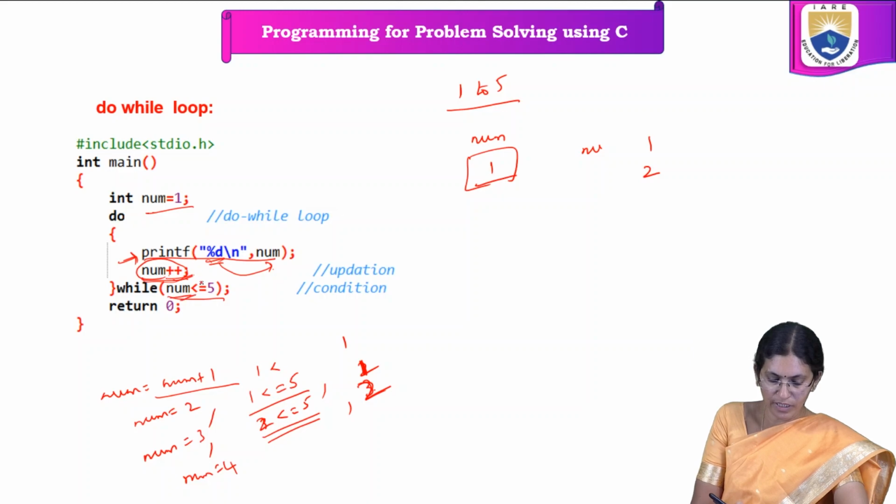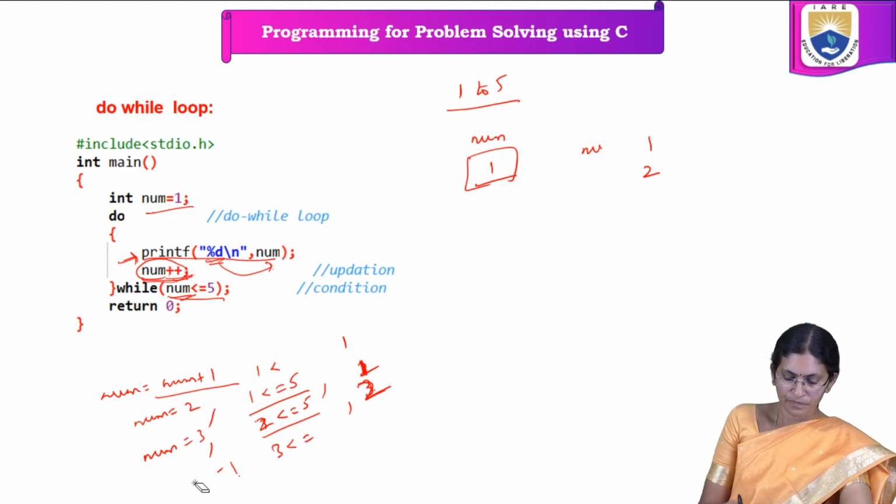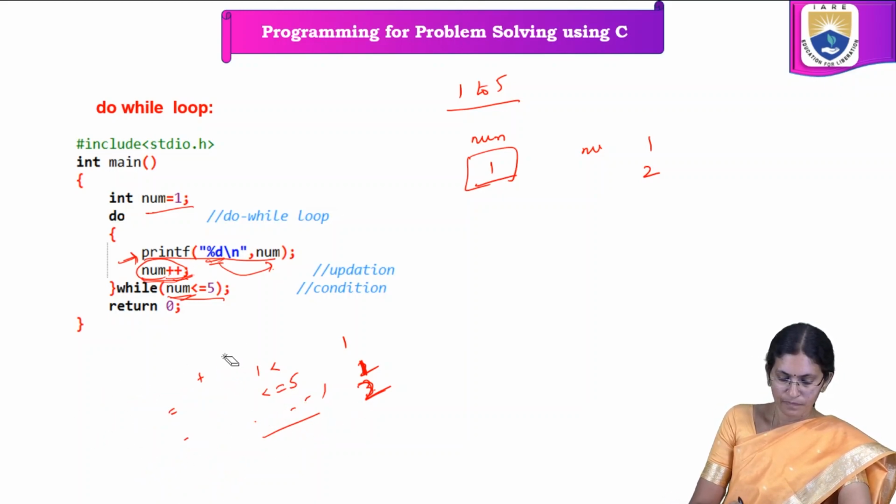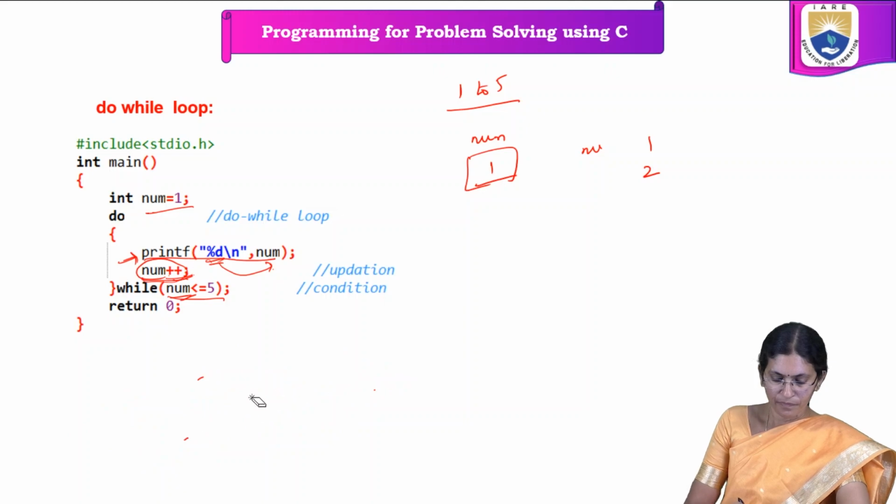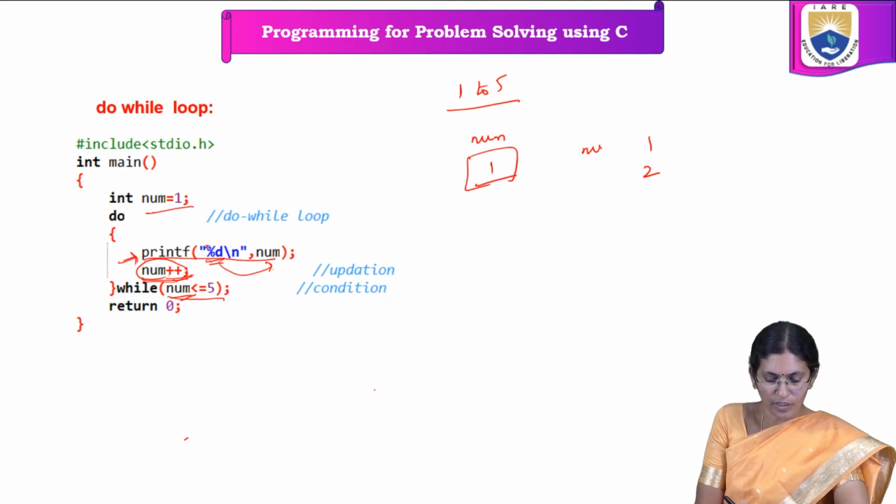So when num is equal to 3, 3 less than or equal to 5 will be checked, so that 3 will be printed. So 1, 2, 3 will be printed.